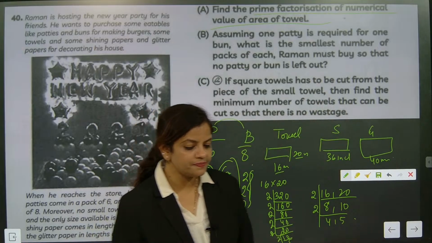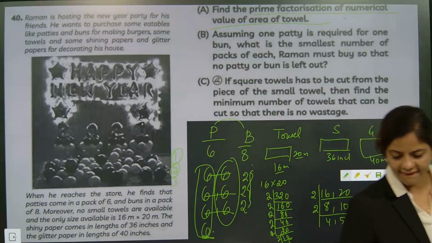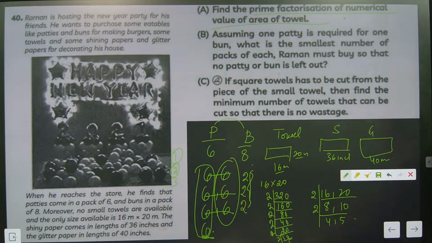Can you tell me, beta? So total is coming as 320. 320 divided by 4.